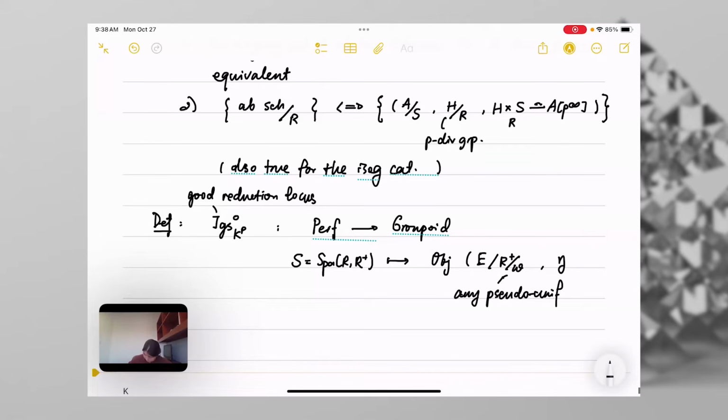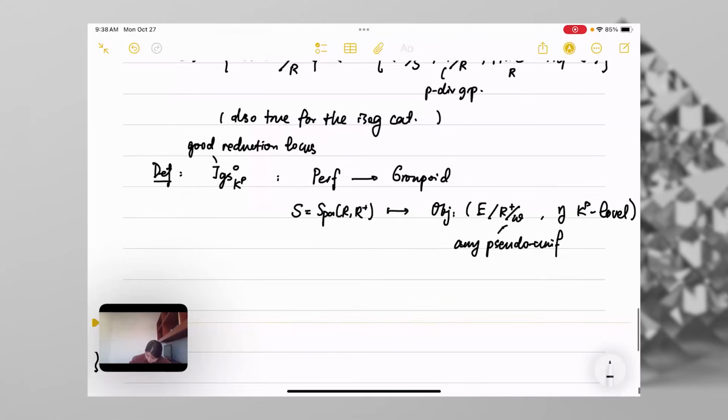together with an away-from-p level structure. And the morphisms are p-power isogenies that are compatible with this level structure.